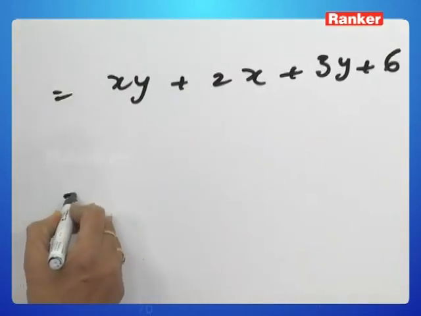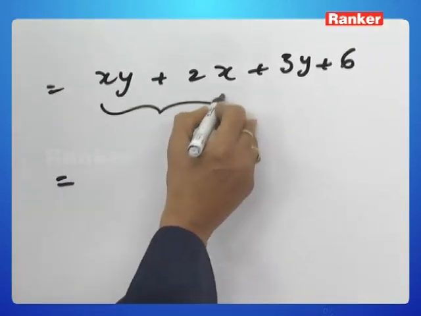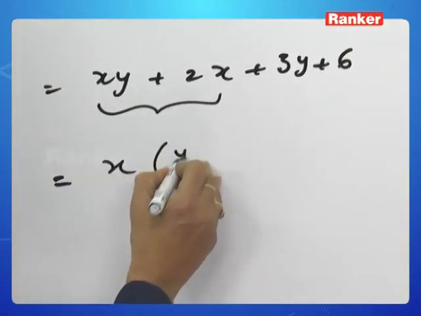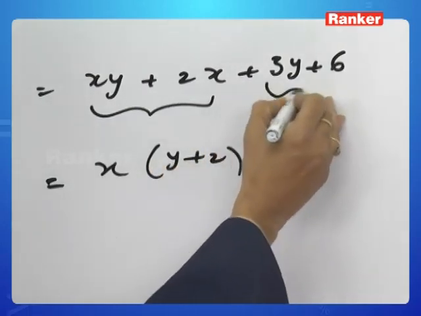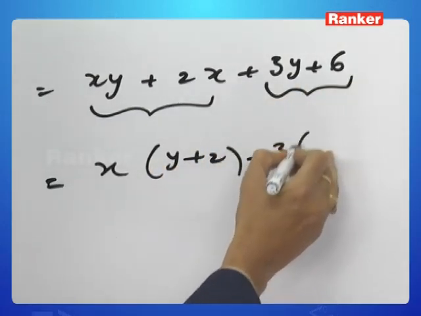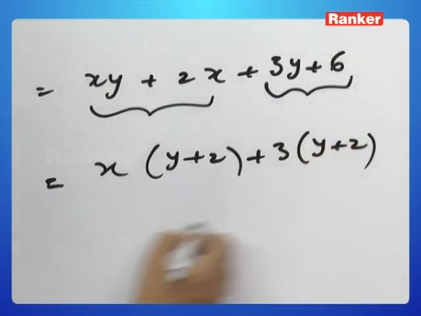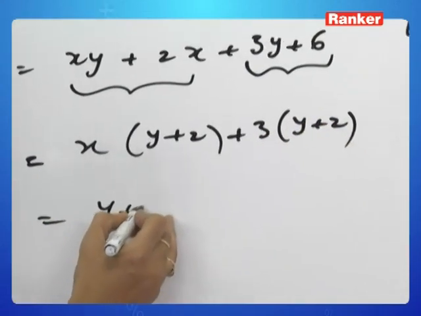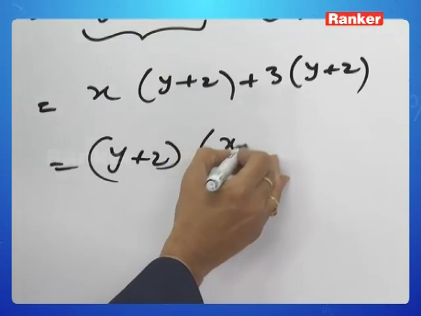This is equal to, from these two, I can get x as a common factor. From these two, I can get 3 as a common factor. Again, this can be written as y plus 2 into x plus 3.